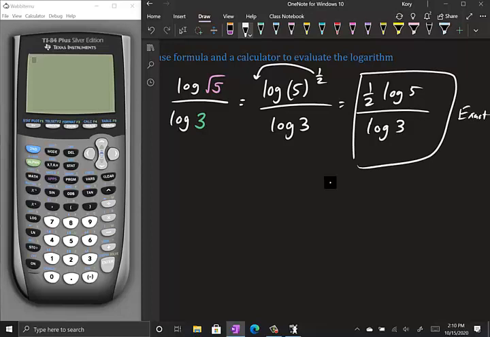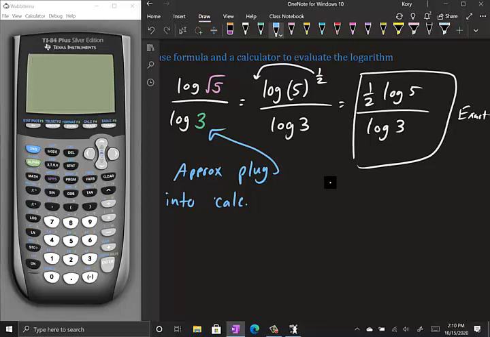For the approximate, we use our calculator. If you want the approximate, we're going to plug that into the calculator, because your calculator knows square root of 5. We don't, but your calculator does. So for the approximate, we plug the first one in.